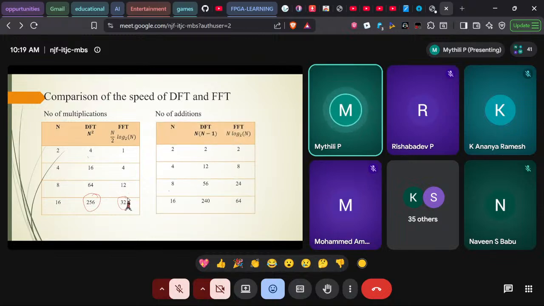Same way for the number of additions, you can see 240 additions are needed for computing a 16 point, whereas we need only 64 additions for FFT. Okay.